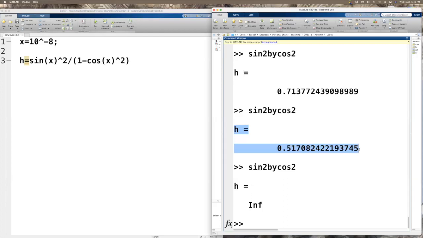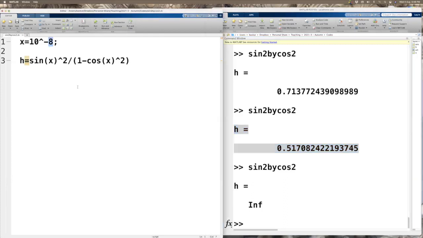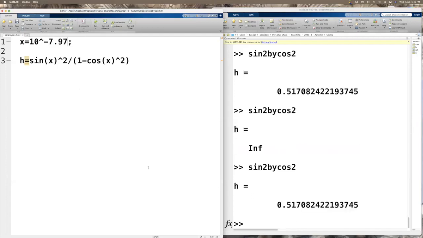Although the function mathematically is a very well behaved function, when you evaluate it on a computer, it's very bad. Especially you can see the danger when I evaluated 10 to the power of minus 7.97, the function value involved nearly 50% error.